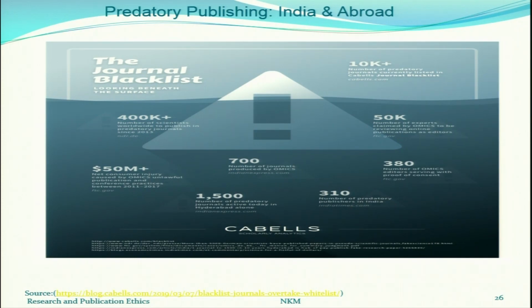When we analyze through this journal blacklist, through Cabell's Scholarly Analytics, we see that there are more than 400,000 scientists worldwide who have published in predatory journals since 2013.